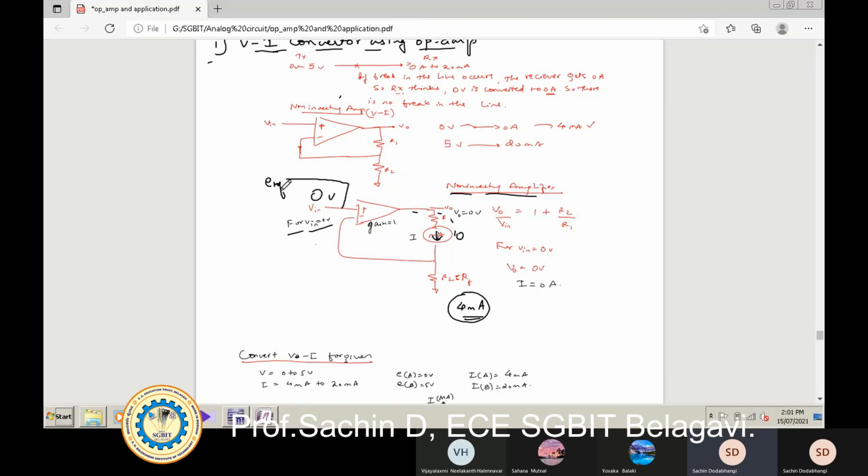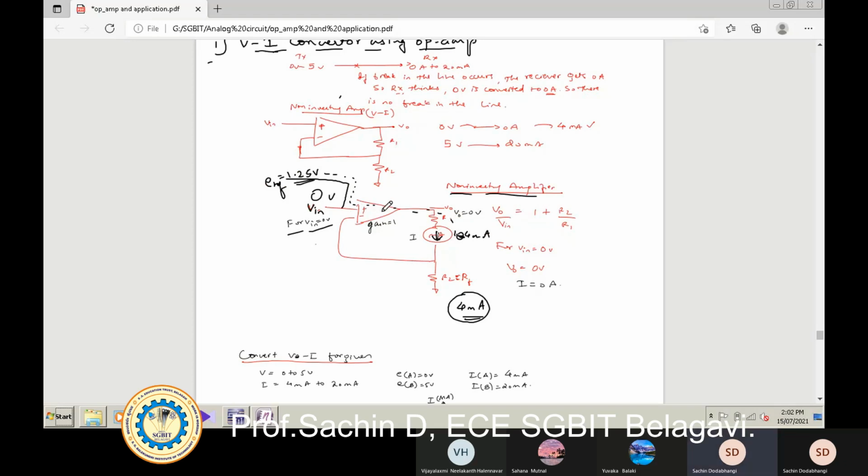For example, if I connect a reference voltage of 1.25 volt, even though the input voltage V input is 0 volt, there is supply from the reference voltage. Due to this 1.25 volt, there will be a current of 4 milliampere.